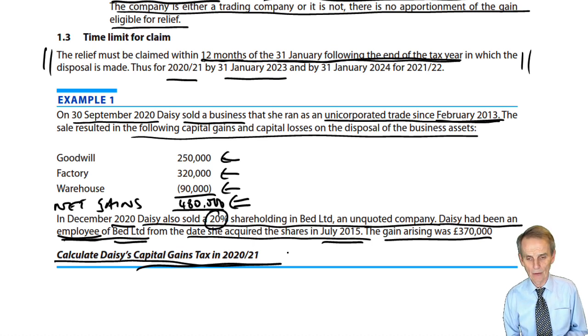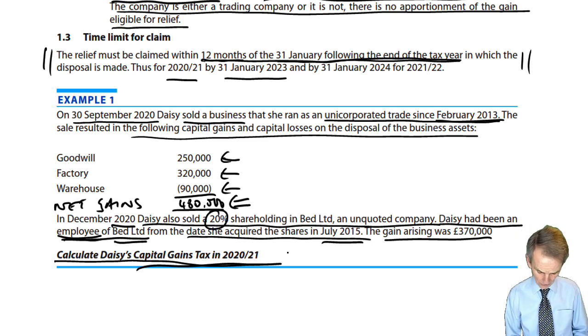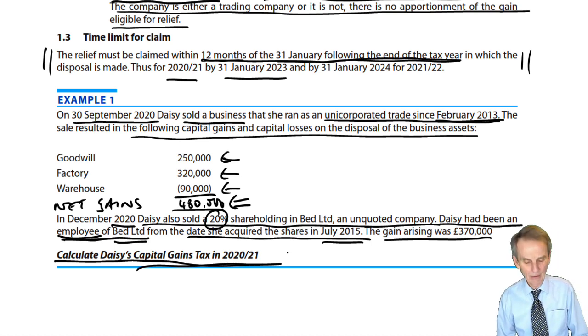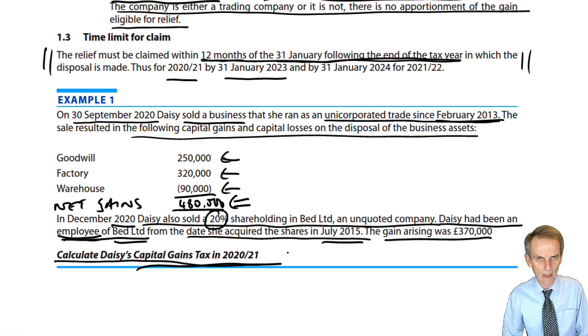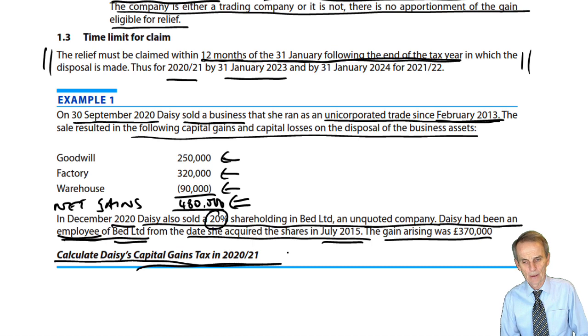No information about any of the lifetime limit of £1 million having previously been used, and therefore all of those gains will be eligible for business asset disposal relief. What you'd probably also be told is about the level of taxable income of the taxpayer for the tax year. But that, as there are no other gains that have been made, is irrelevant here, because all of these gains will be taxed at 10%.